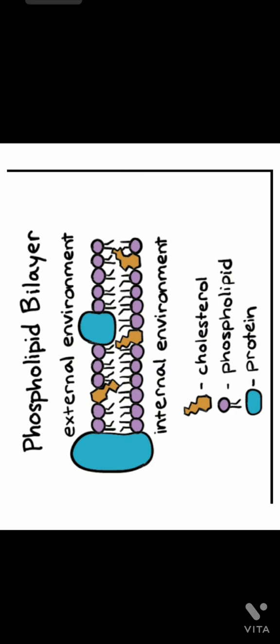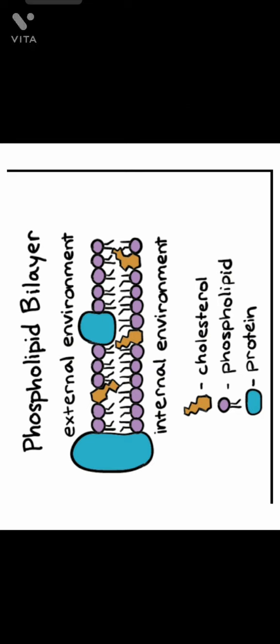Consider a cell and the cell membrane. The outermost covering is called the cell membrane, what is present inside the cell is the cytoplasm, and then the external environment is filled with a fluid, mostly water.